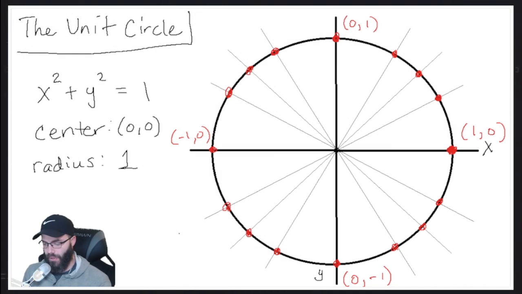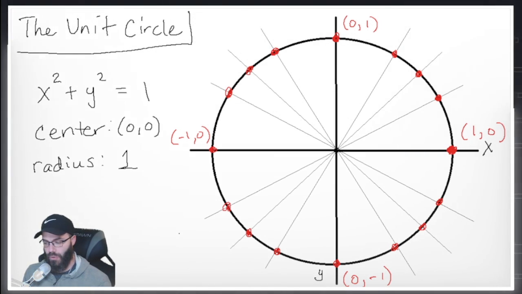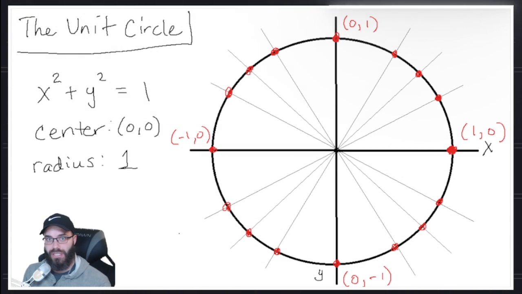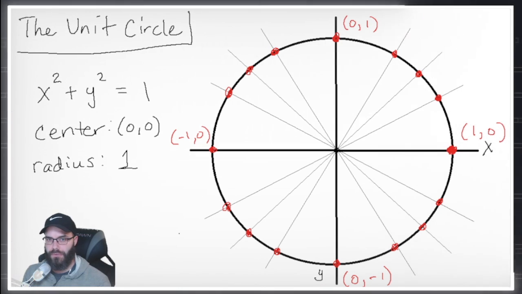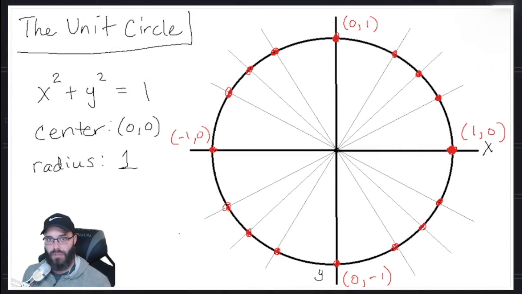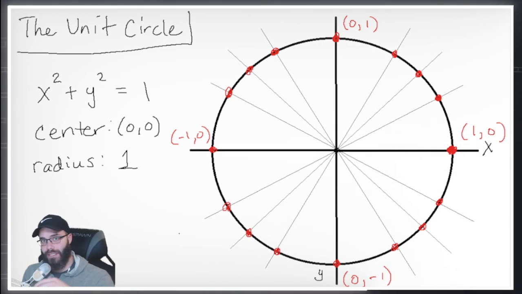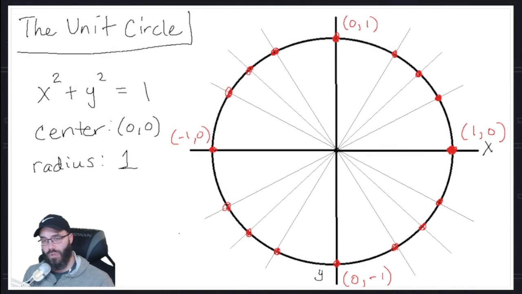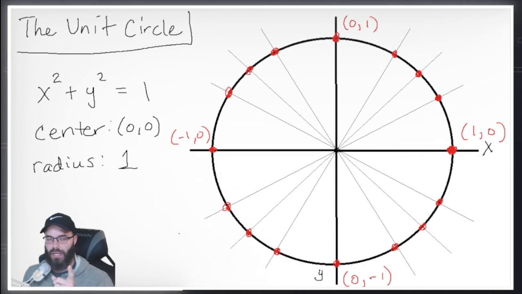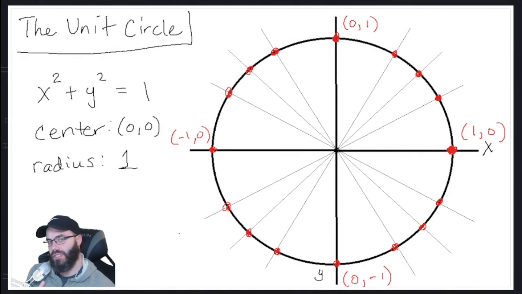So the distance from the origin to each of those coordinates is 1. Distance is 1, right? But those coordinates are going to look a little different than the coordinates that we have already put onto our unit circle. All right. So the distance is 1. If you remember the distance formula, you can prove that the distance is 1 once we have those coordinates. But the idea first is to get those coordinates. We don't know what they are.